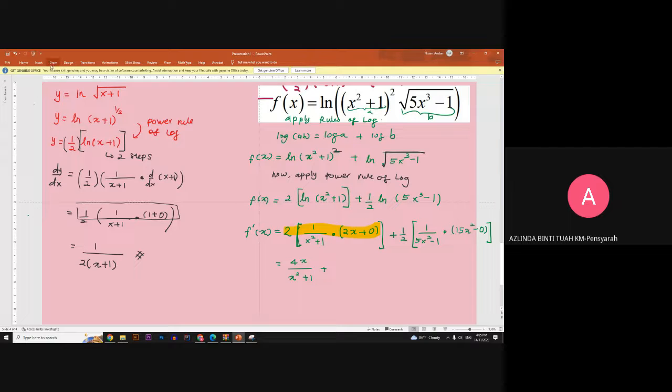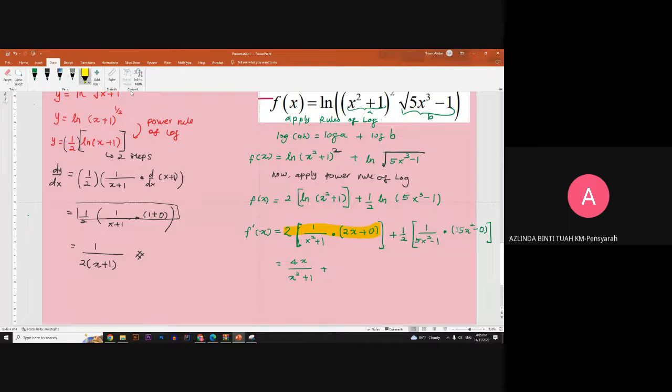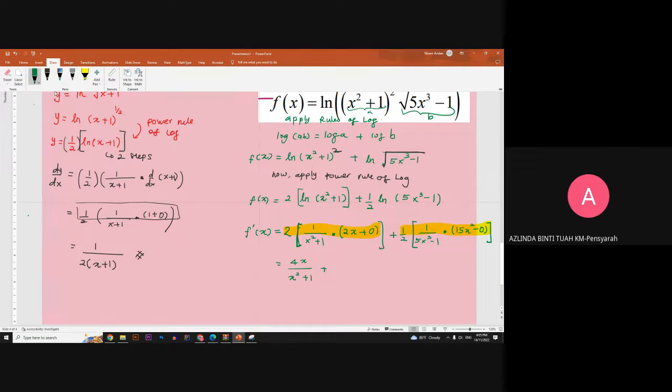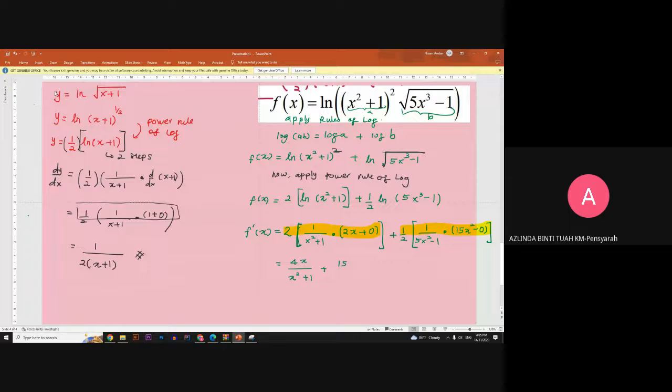Plus on the top of the second term, I have 1 times 1 times 15 x squared. So for the second part, I have 15 x squared over, for the denominator, 2 times 5x cubed minus 1. Okay, there is nothing to cancel between top and bottom. So just leave it like this. Better.